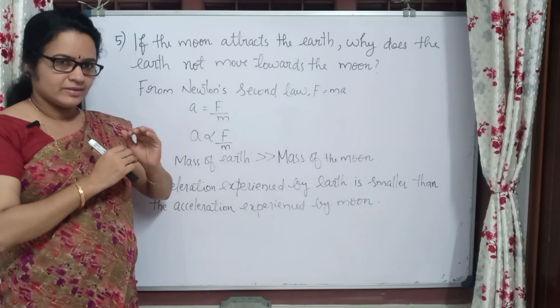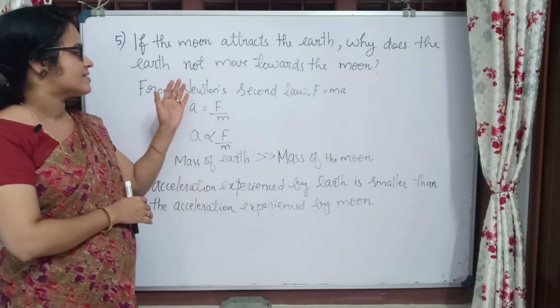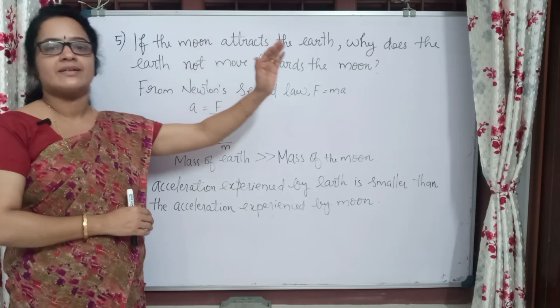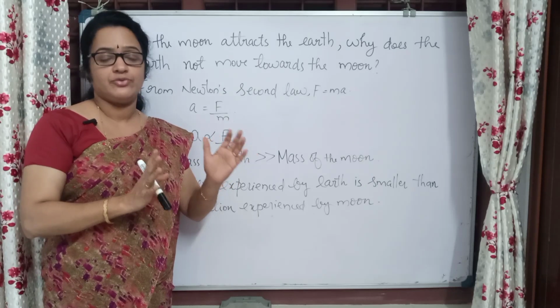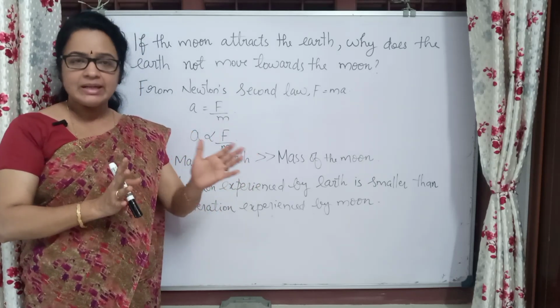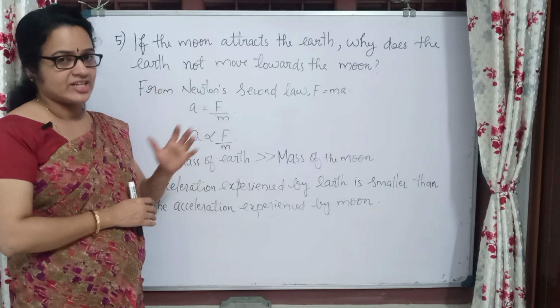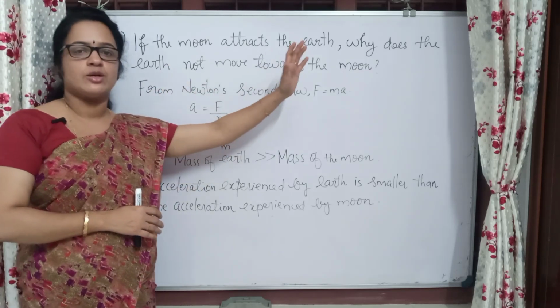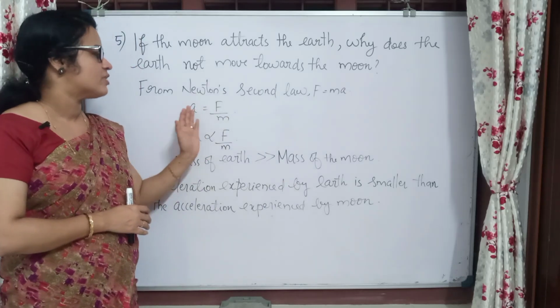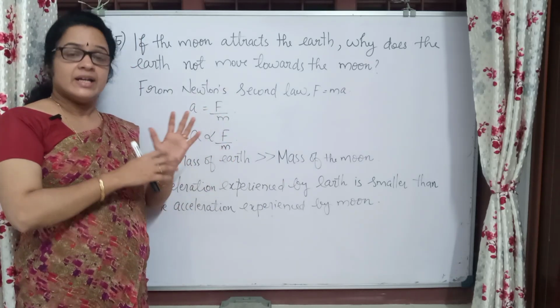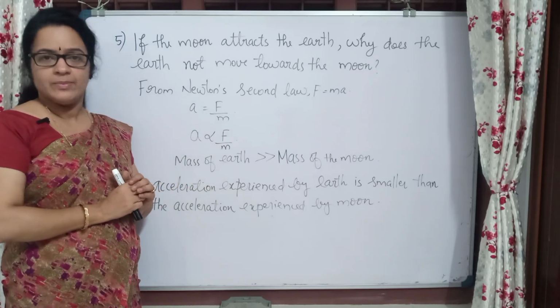I think that idea is clear to you, so how can we answer that? First of all, we know that the Earth and Moon attract each other with an equal force, but in opposite directions. And how can we calculate the acceleration? From Newton's second law, F is equal to ma, so acceleration is equal to F by m. That means acceleration is inversely proportional to the mass of the body.